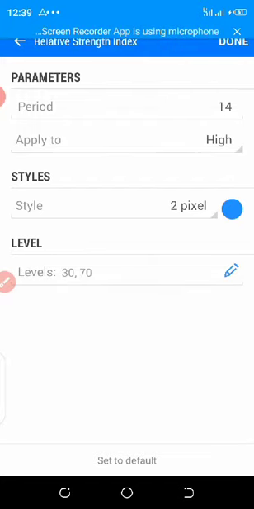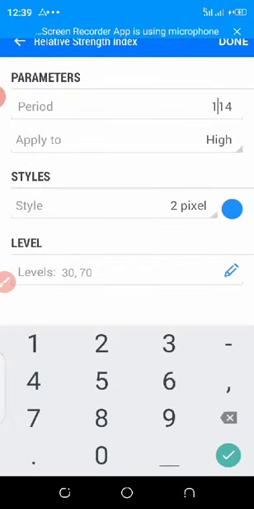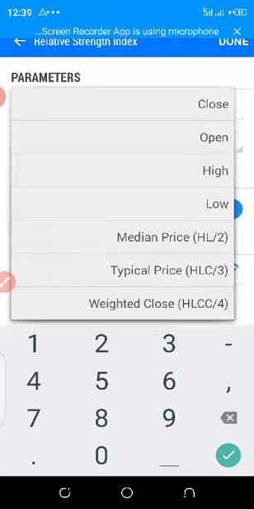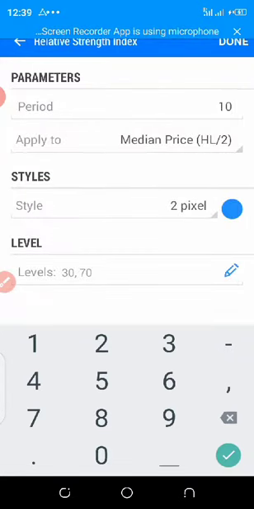This one is 14 period, you change it to 10. This one, put it to medium price. Yes, you change it to trade.